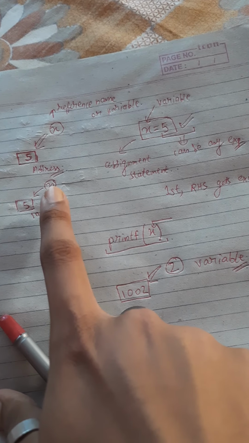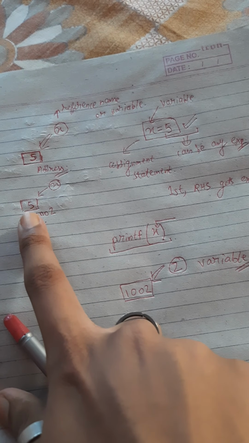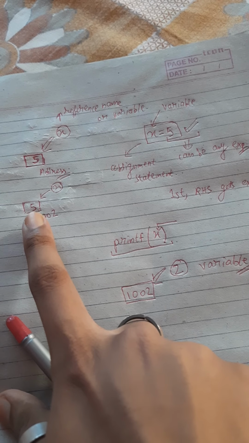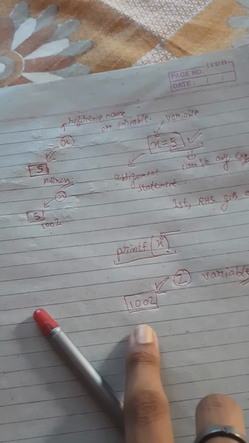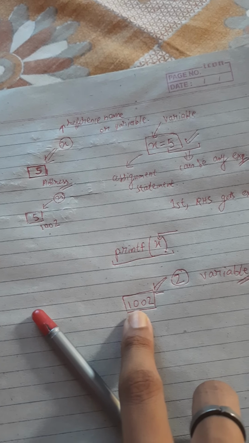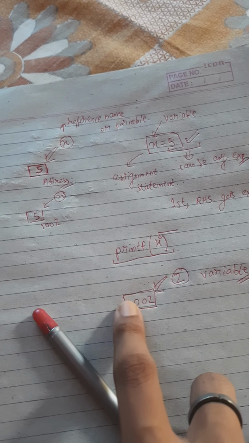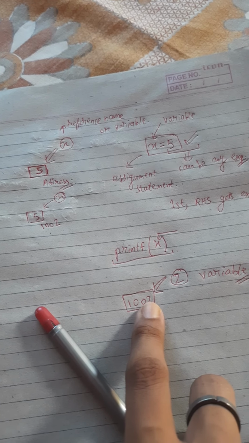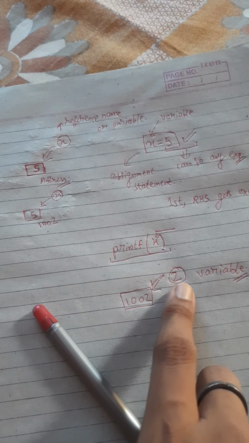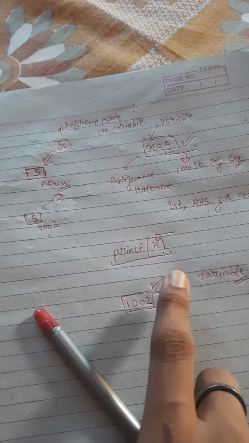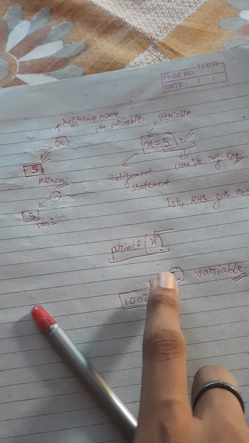In this case, x is the reference name of the box that contains 5. Here the value is 1002, so this box stores an address, is referred to by the variable name z, and z is called a pointer.